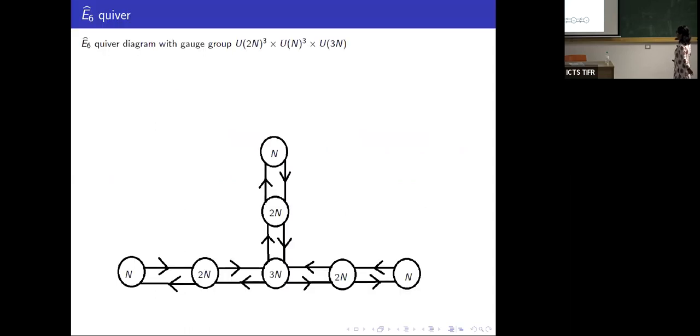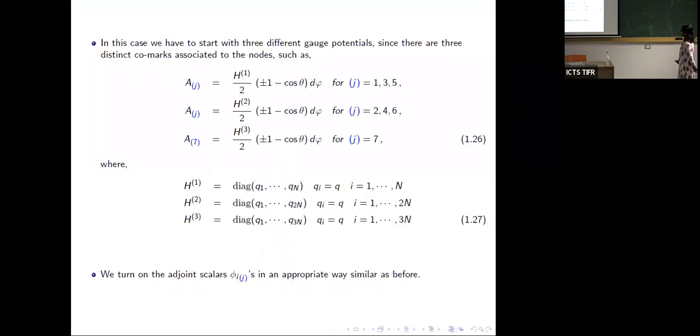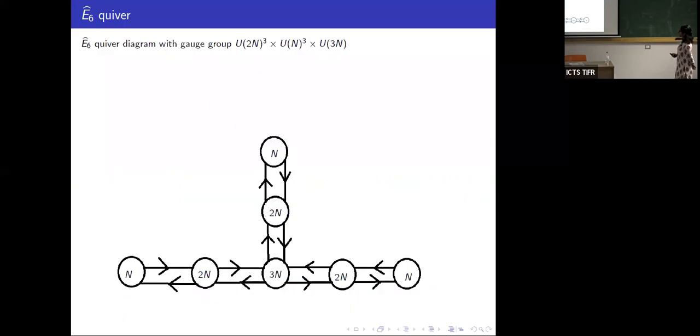Okay, now coming to the E6 quiver, which is shown in this diagram. Instead of 2 different gauge groups, we have 3 gauge groups of 3 different ranks, n, 2n, and 3n. In this case, it's easy to see that you have to put those ranks. I'm sorry, the diagram, of course, is the usual E6 Dynkin diagram, but why those particular ranks?